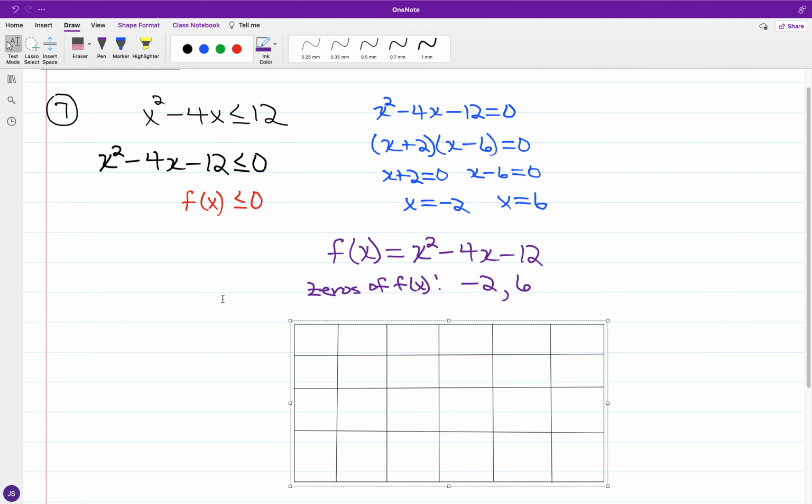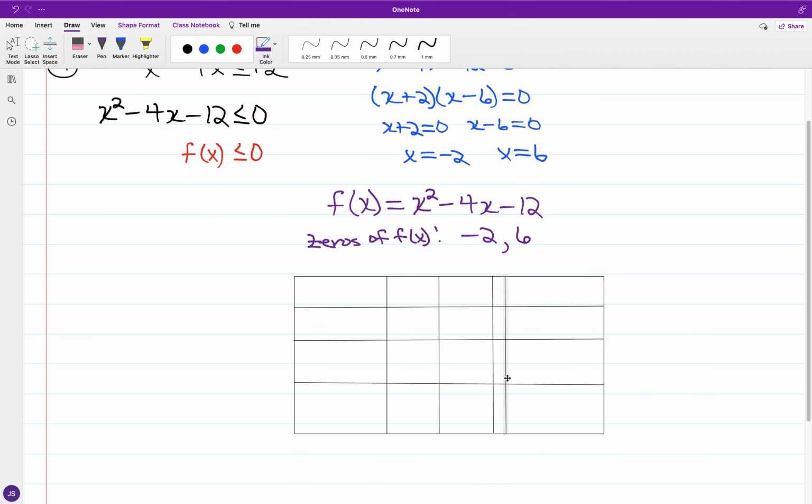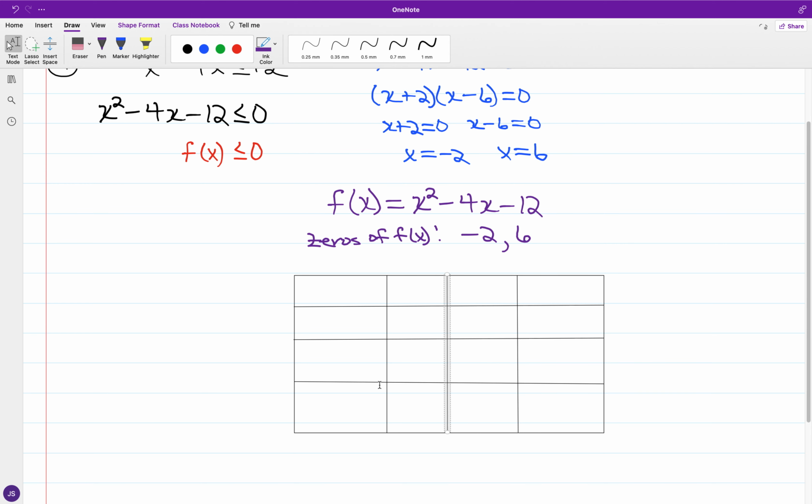Okay, so for what we're going to have in the setup, it's going to even up the spread here.